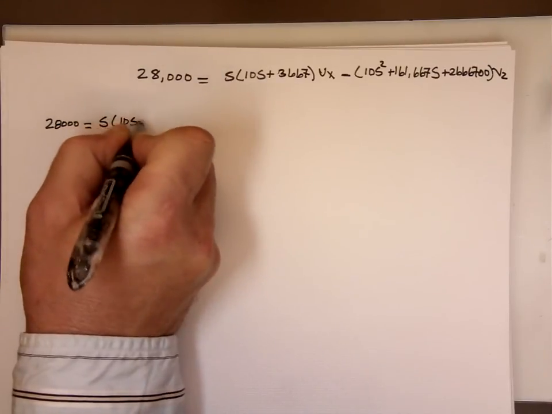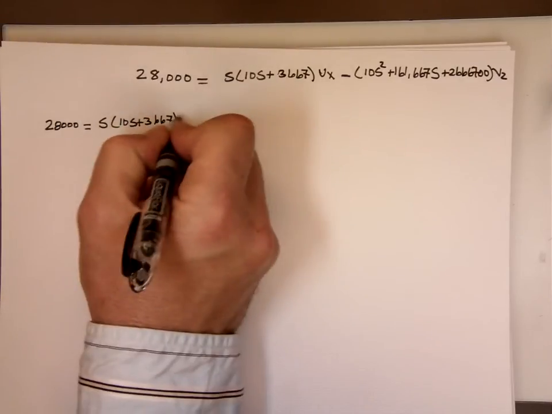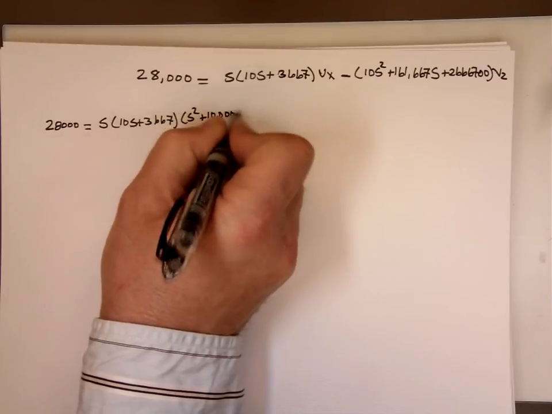In place of Vx, let me write S squared plus 10,000 S plus 1,000,000, 1 times 10 to the 6, that's a million.